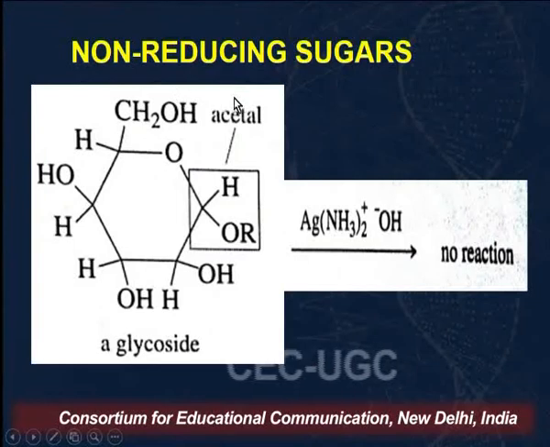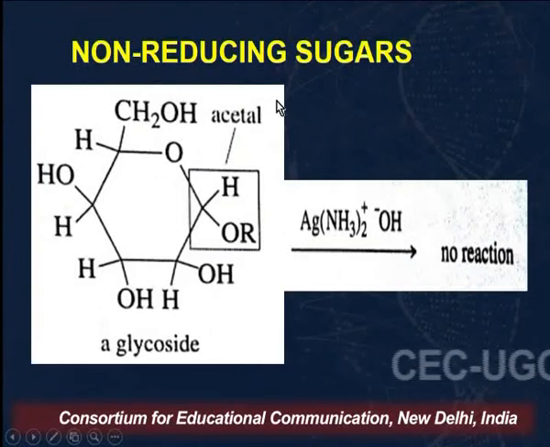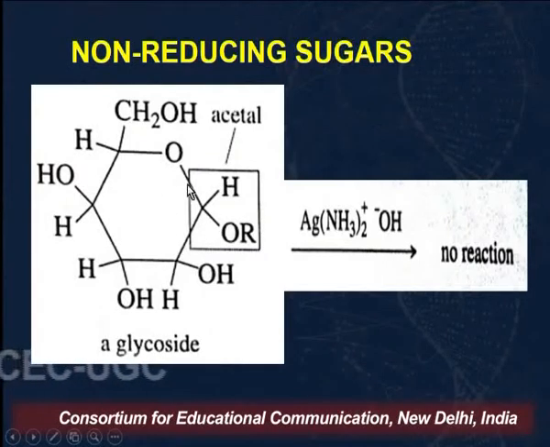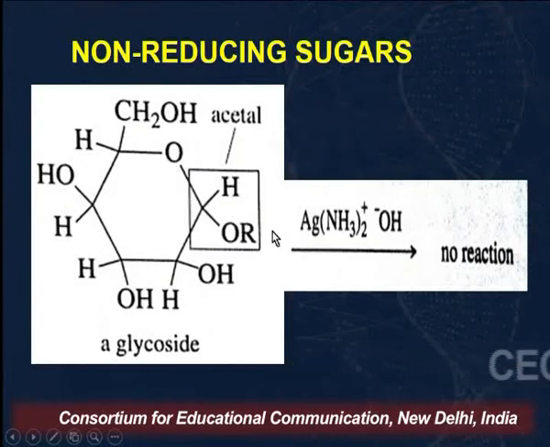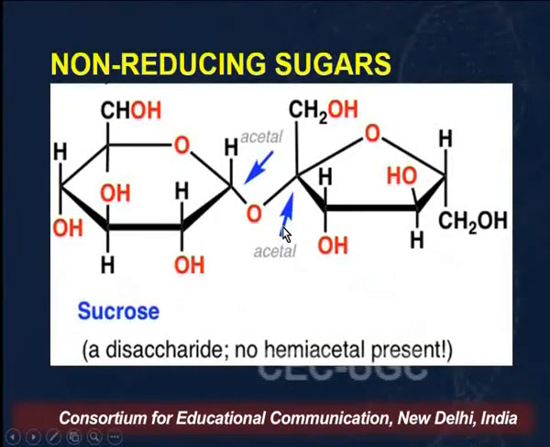So here what we have is another example of a non-reducing sugar, and it is again a glycoside, existing as an acetal, as you can see, with another ether group here. It will give us a negative test with Tollens' reagent, that is, you will not get a silver mirror.